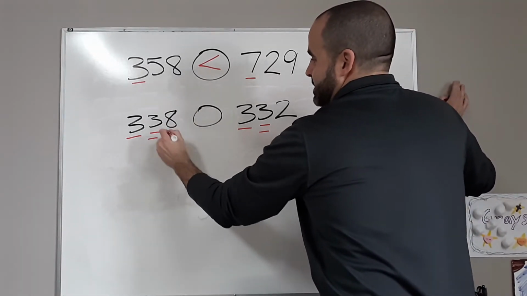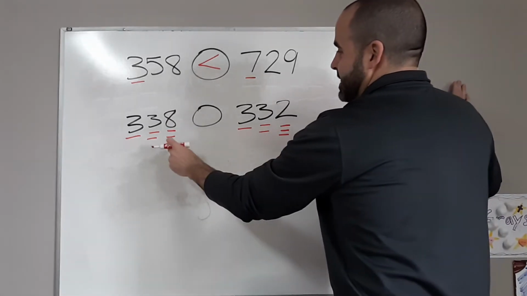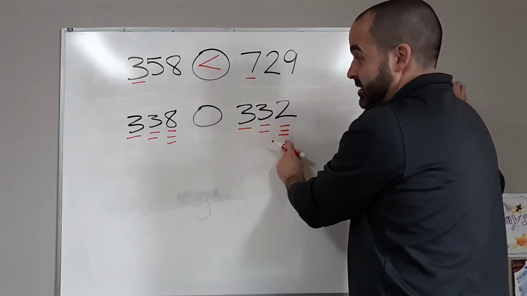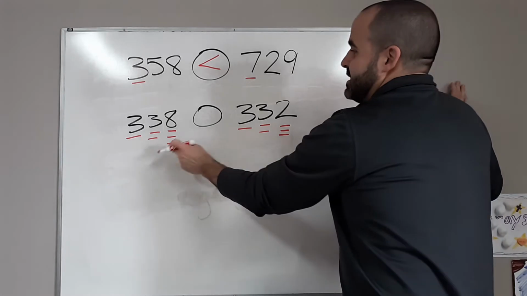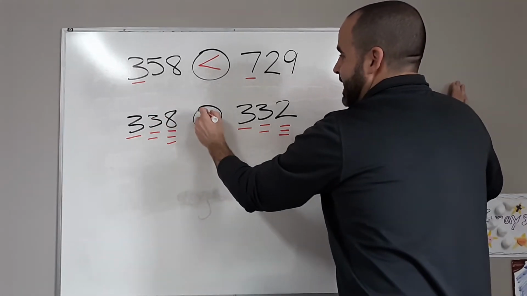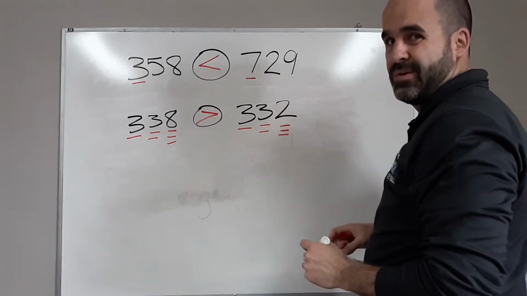With the ones digit, I'm going to draw 3 lines underneath that one. So I can see now I'm comparing that number that has 3 lines under it versus the number that has 3 lines under it. 8 is greater than 2. So since 8 is greater than 2, I know 338 is greater than 332. Okay?